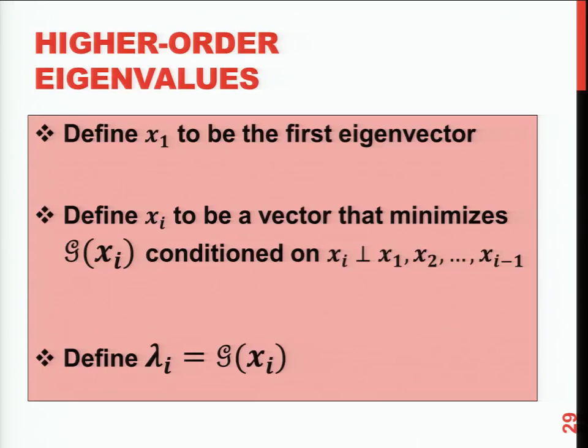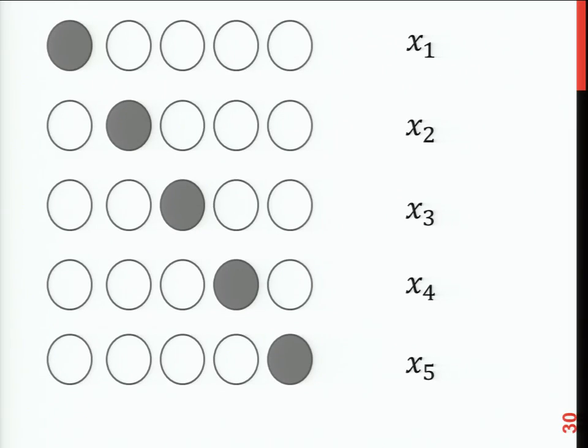Let's look at an example. Here again you have 5 disconnected parts. So x1 is the vector which is uniform on the first part and 0 on the rest. This is a first eigenvector, because g of x1 is equal to 0, since you are just looking at the difference of x's across edges.